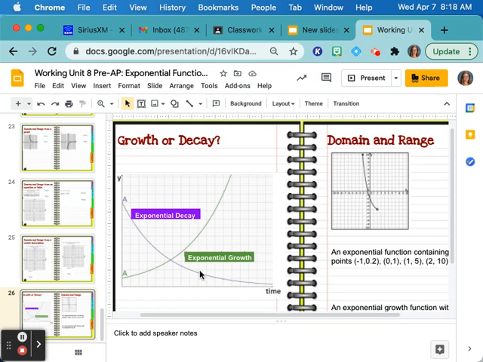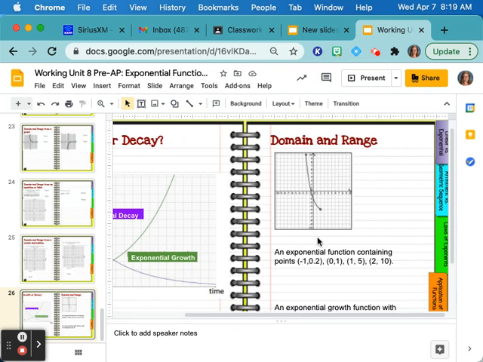So if it's a decay, that means that your rate is going to be a number that's between 0 and 1. It'd be like half or a quarter or 0.75, 0.95. It doesn't mean it's going to be negative. It's just a number that is less than 1 but bigger than 0.